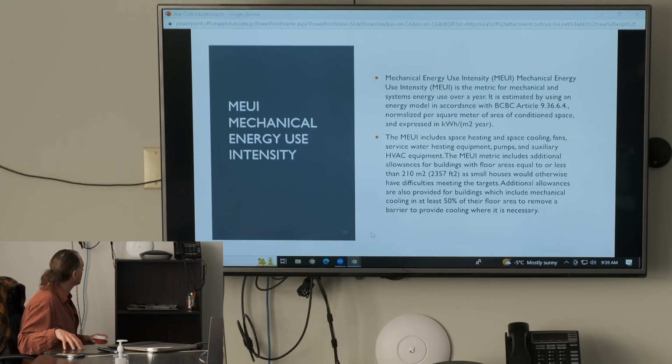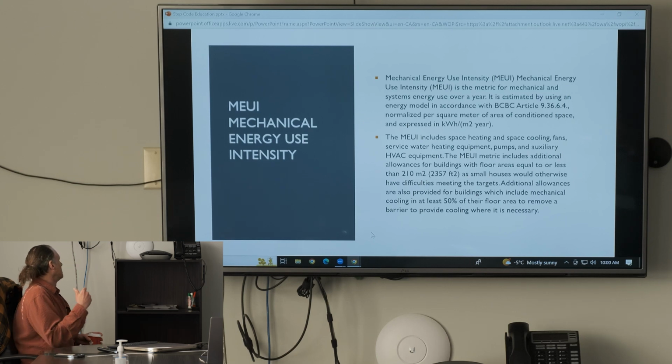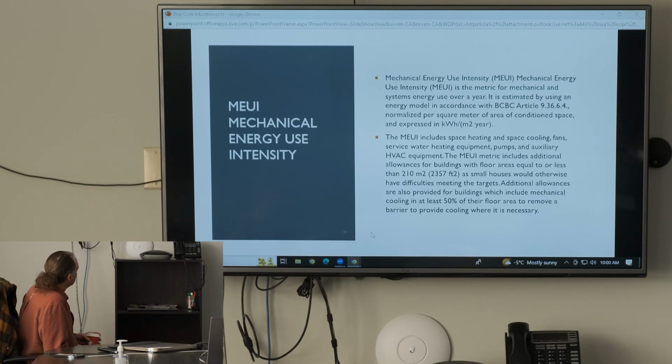It's estimated by using an energy model in accordance with BC Building Code Article 9.36.6.4, normalized per square meter of area of conditioned space, and is expressed in kilowatt hours per square meter per year. The mechanical energy use intensity includes space heating and space cooling, fans, service water heating equipment, pumps, and auxiliary HVAC equipment.